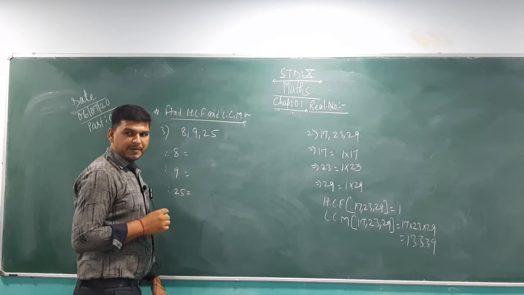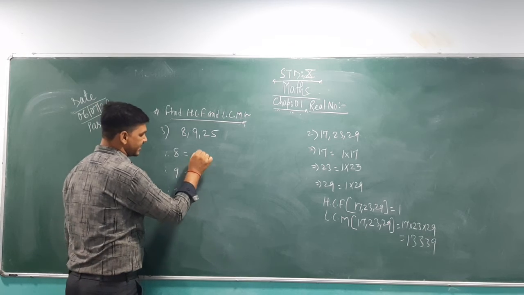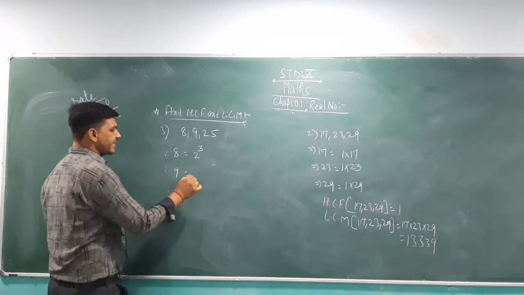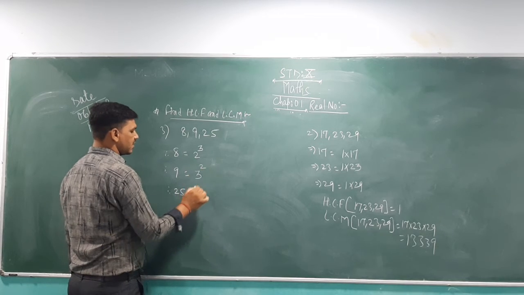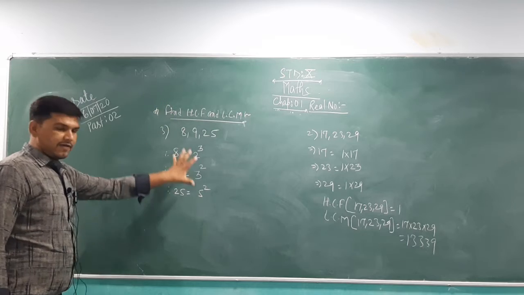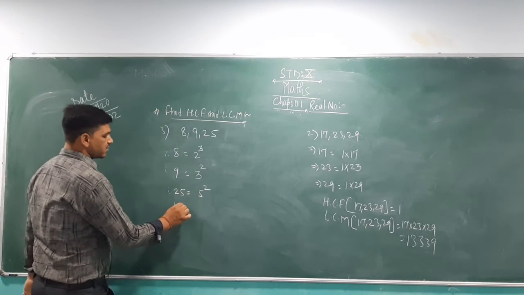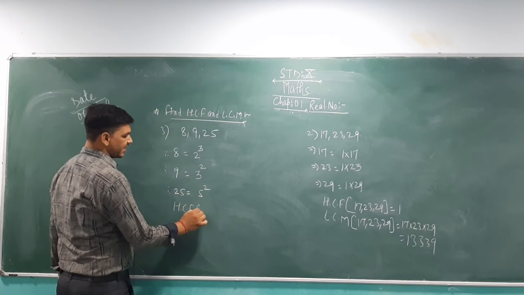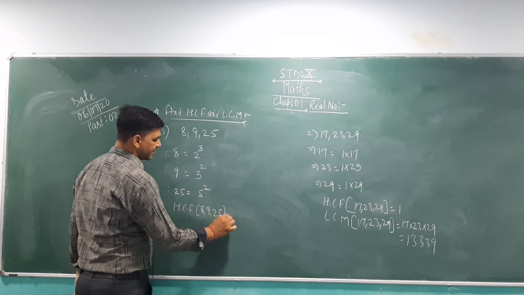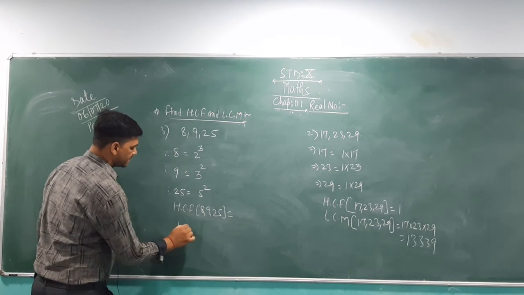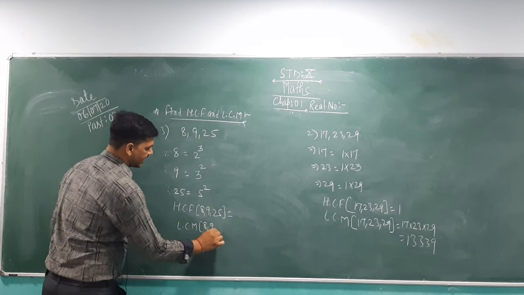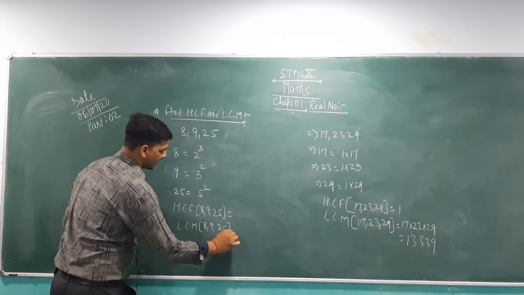If you convert them into prime factors, 2 raised to 3 is 8. 9 means 3 square. And 25 means 5 square. Now we'll compare these numbers to find the HCF and LCM of 8, 9 and 25.